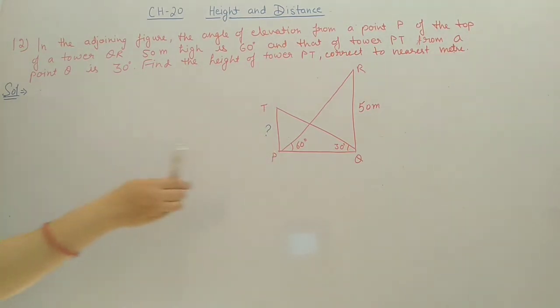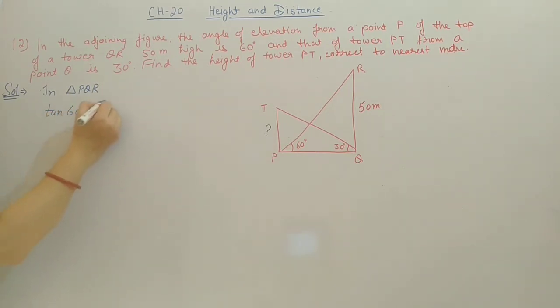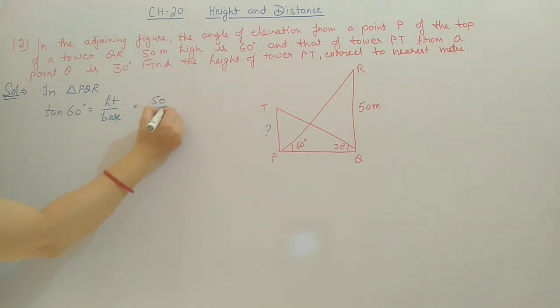So first we will take this triangle PQR. In triangle PQR, tan 60 is equal to height by base. Height is 50 meter and base is PQ here. Substitute the value of tan 60 degree.